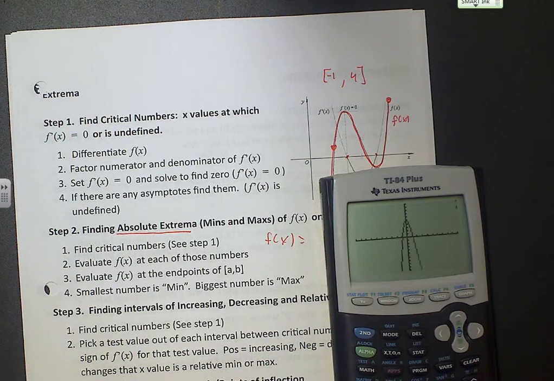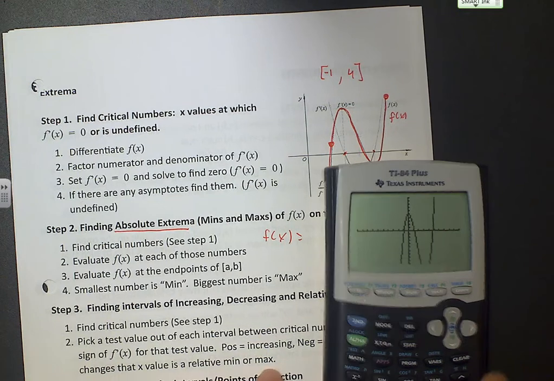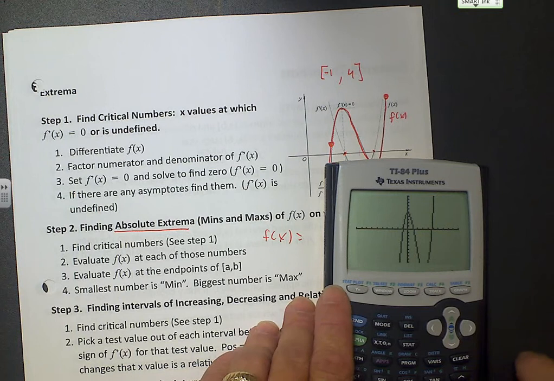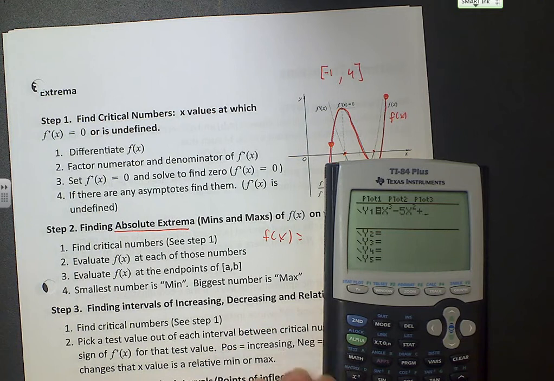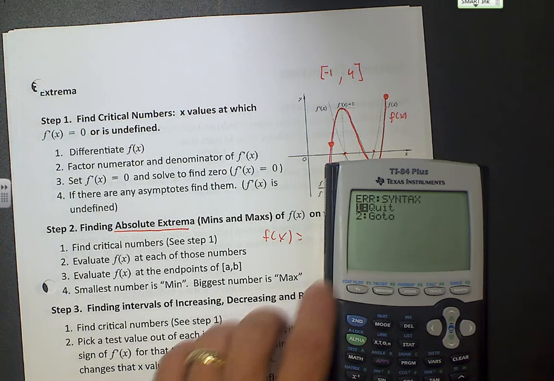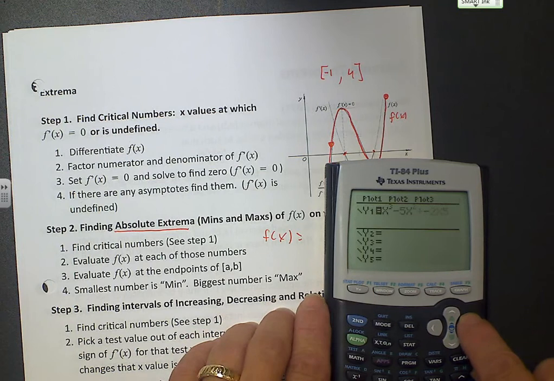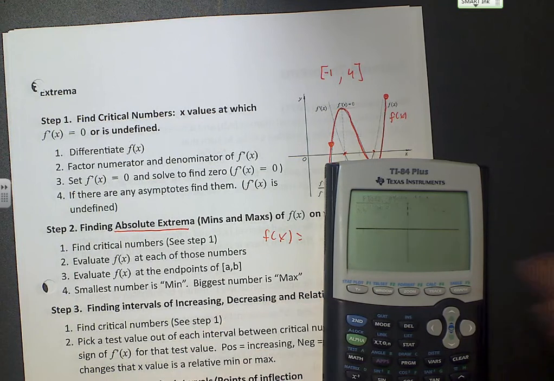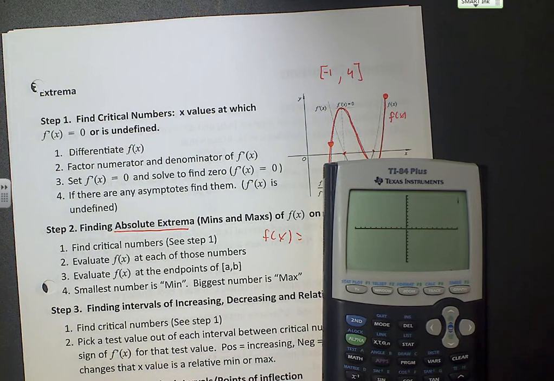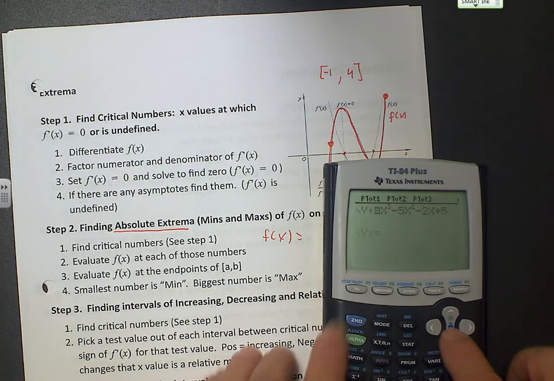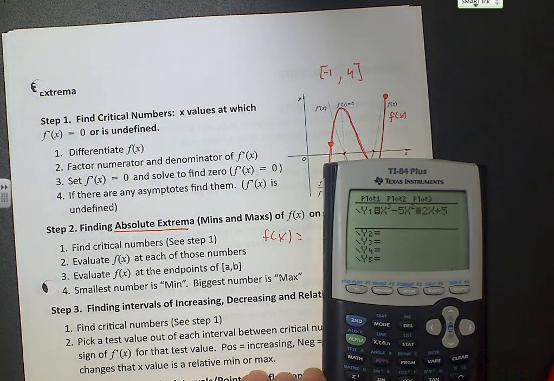Okay, so that's pretty close to what we're looking at right here. And so I'd like to shift this to the right one. Minus 2x. Having a hard time. Now, it's going to have to be close enough.